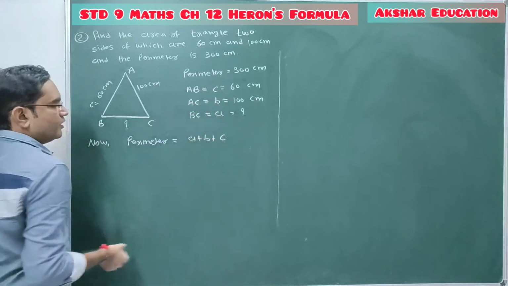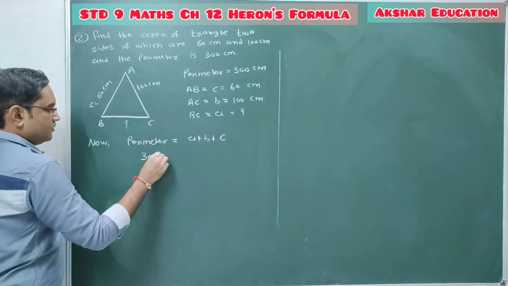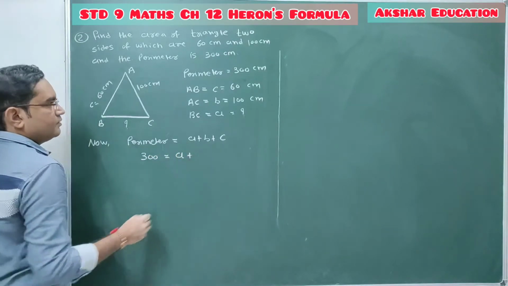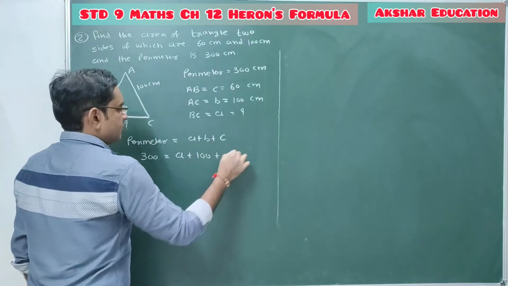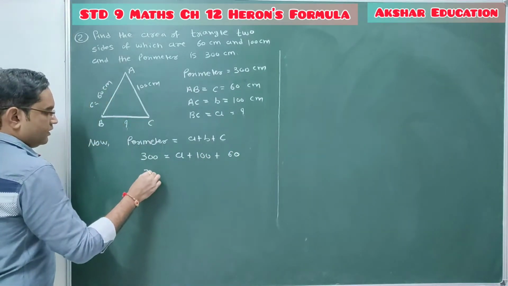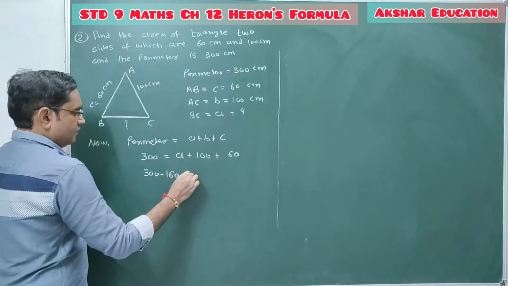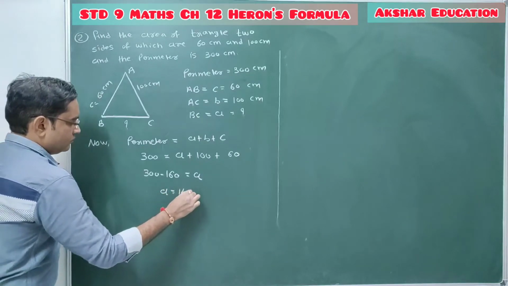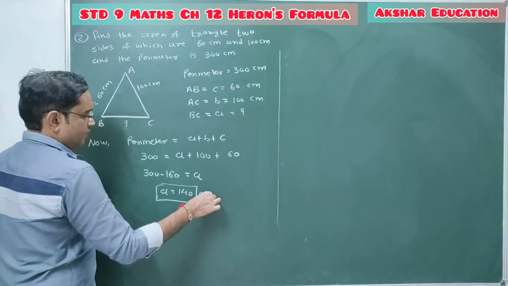The three sides are small a, small b and small c. Perimeter is 300 centimeter. So a, which you have to find, plus b 100 centimeter, plus c 60. So 300 minus (100 plus 60), 160, equal to a, and therefore we get a equal to 300 minus 160, which is 140 centimeter.